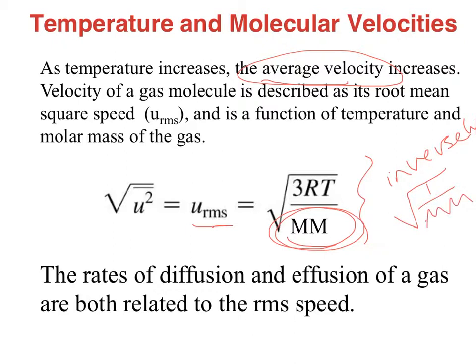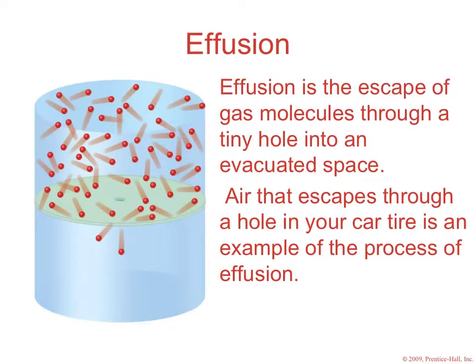So as molar mass goes up, the velocity of that particle will go down. Makes sense, right? The larger the particle is, the lower its speed or velocity is going to be. So now we can talk about effusion and diffusion. Both of those involve translational speed or velocity.